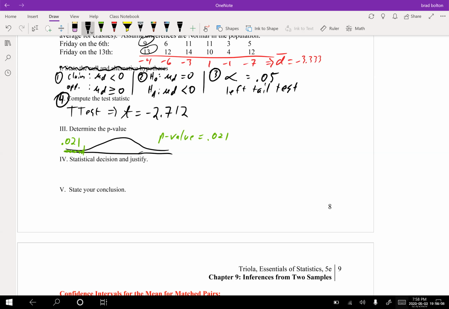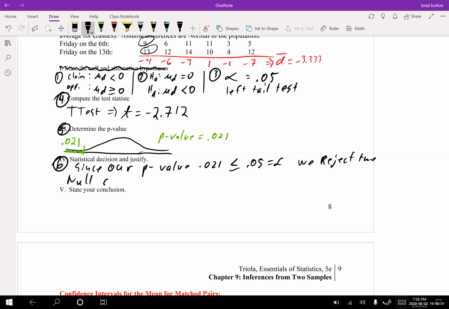Okay, so now let's go to statistical decision and justify. So this is my 5, this is my 6. And we say since our p-value 0.021 is less than or equal to 0.05 equals alpha, we reject the null and accept the alternate hypothesis.